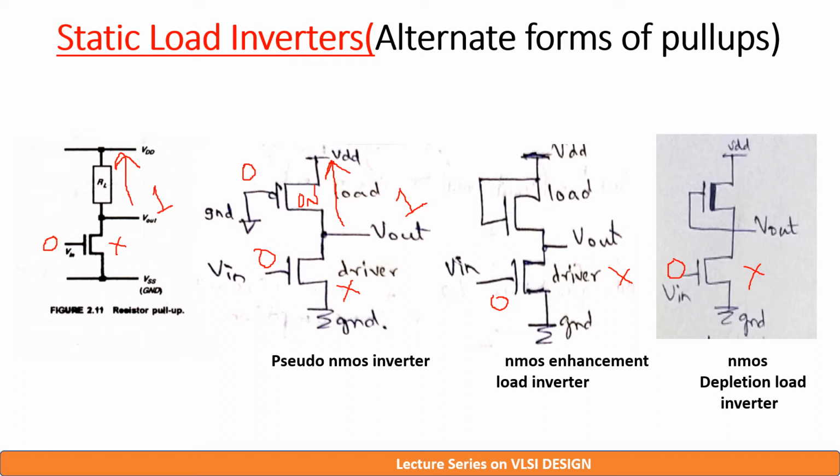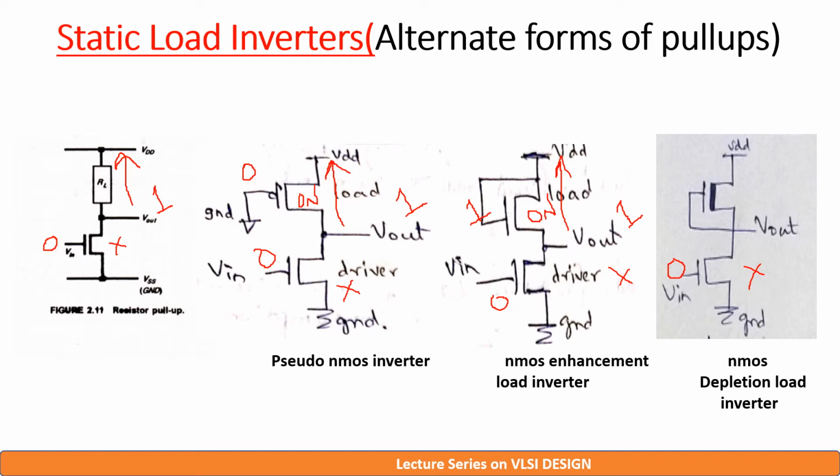In NMOS enhancement load inverter, pull down is off again. Pull up is on because gate is shorted to drain, which in turn is connected to VDD. It means gate input is logic 1. Since it is NMOS, the pull up section will turn on and Vout is offered closed path to VDD, therefore output will be logic 1.